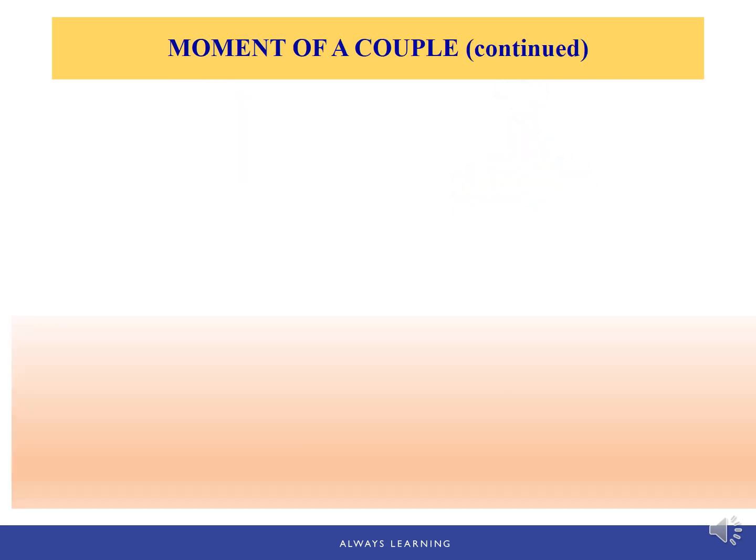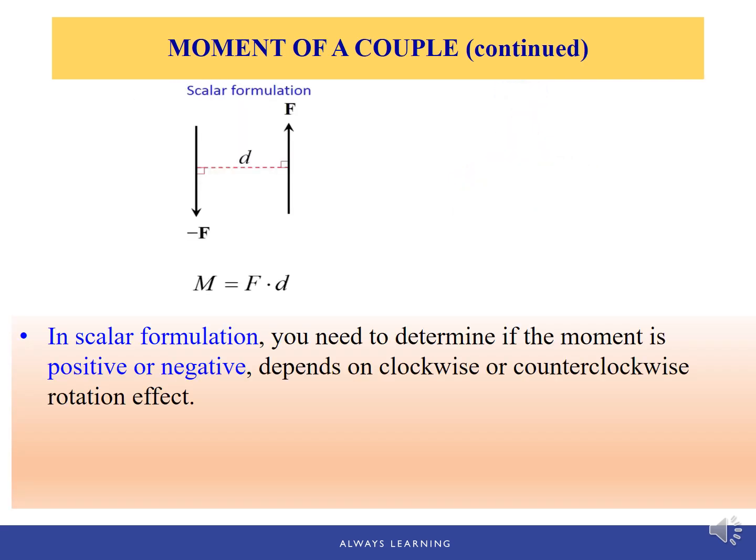There are two approaches to find the moment of a couple. In a 2D problem, it's easier to use the scalar formulation. In scalar formulation, you need to determine if the moment is positive or negative, depending on the clockwise or counterclockwise rotational effect.